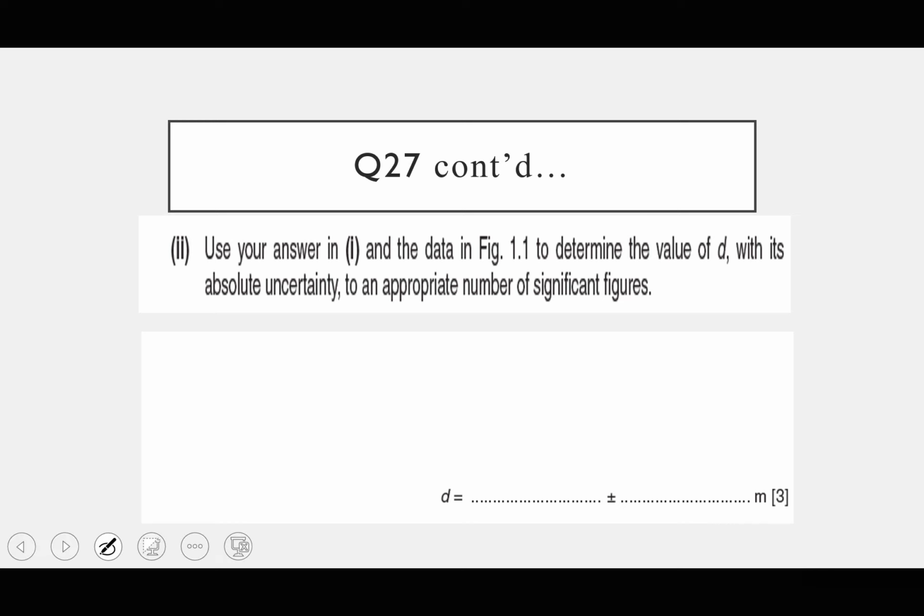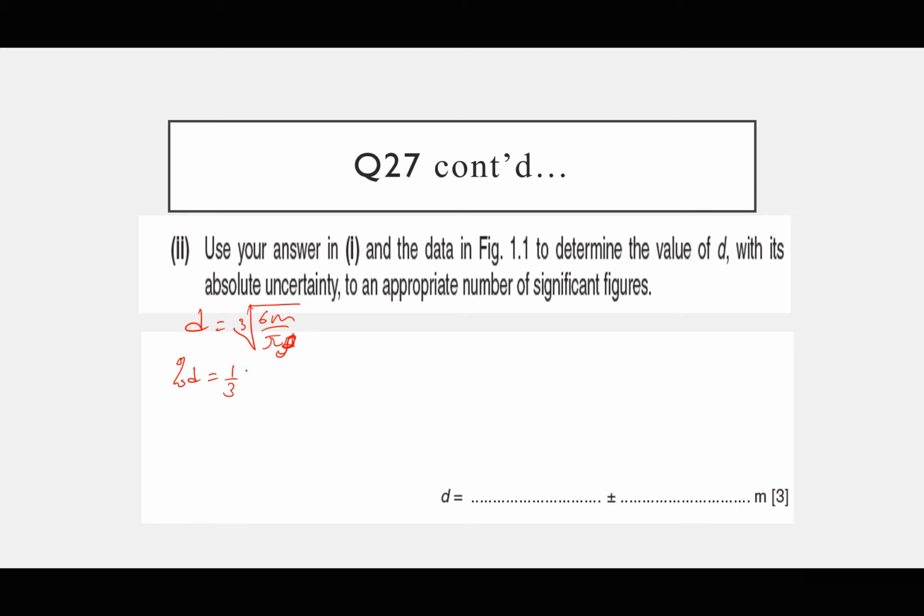Use your answer in Roman 1 and the data in the figure to determine the value of D with its absolute uncertainty to an appropriate number of significant figures. Since we have found out that D is the cube root of 6m over pi times rho, and they have given us the percentage uncertainty, we shall straight away find the percentage uncertainty in D. Because of the cube root, it is power third.